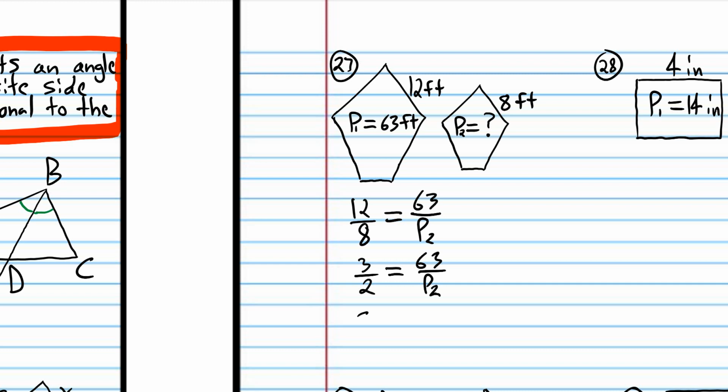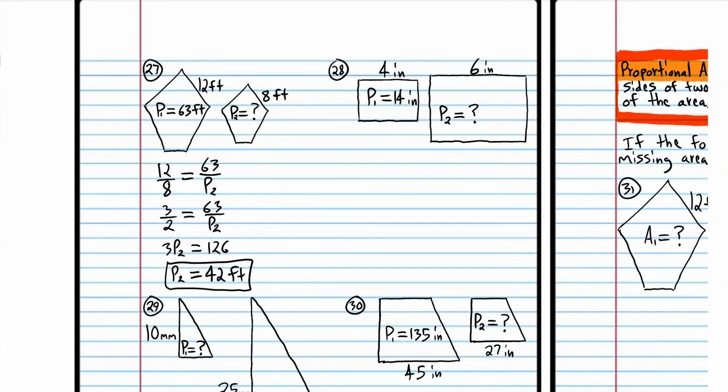And cross multiply, and we get 3P2 is equal to 126. Divide both sides by 3. And we get 42. So that was just like the previous problem. That was a coincidence, I guess. So the perimeter of the second polygon is 42 feet.